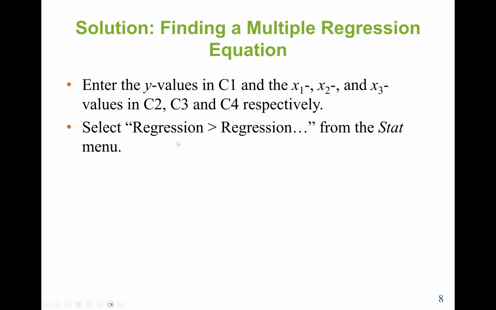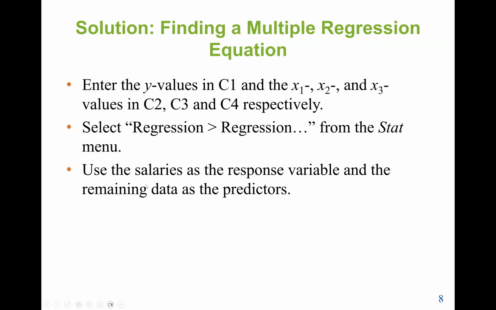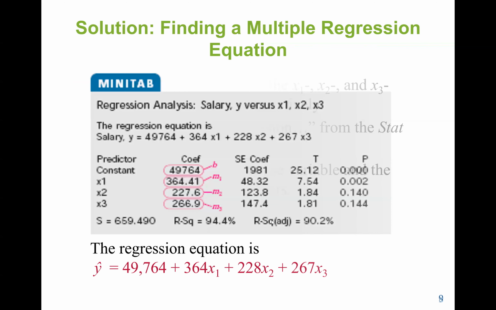Then we select the regression menu from the start menu. We use salary as our response variable, and the remaining data, the three variables, as the predictors. This is what we get using Minitab.